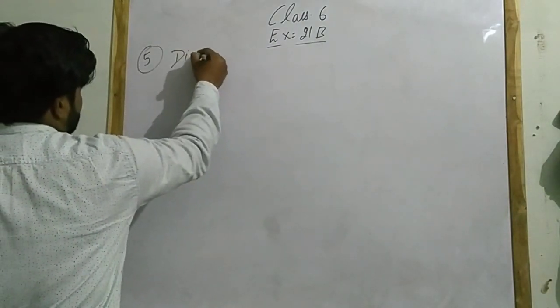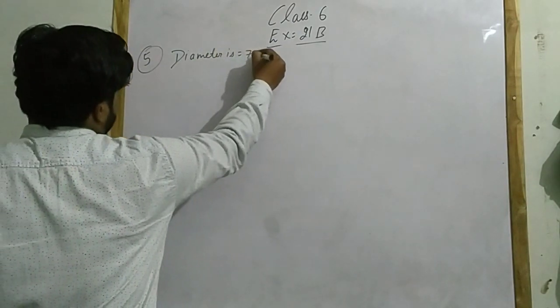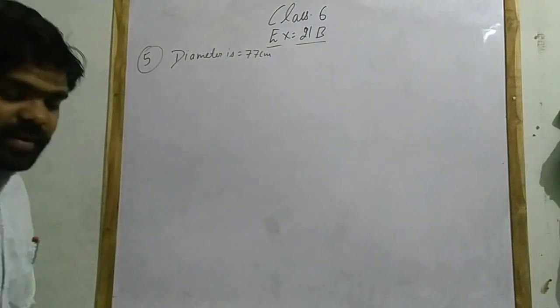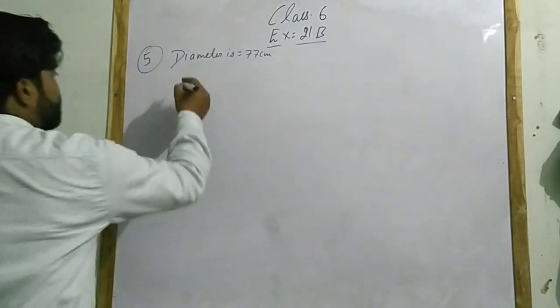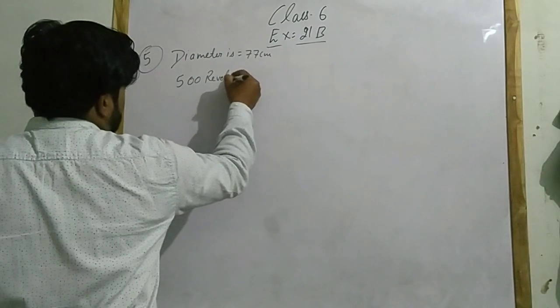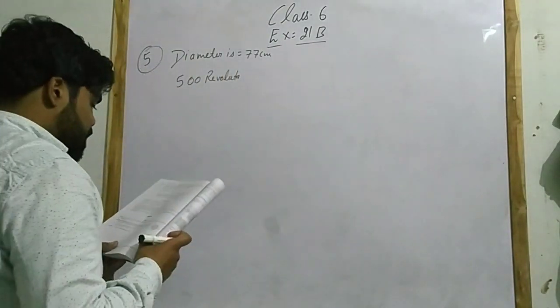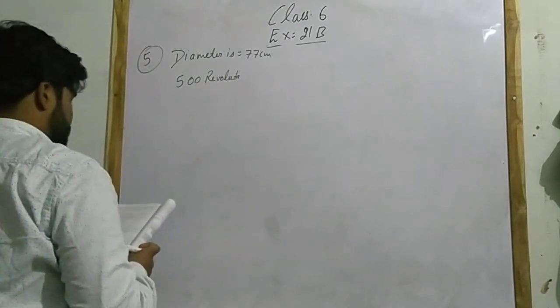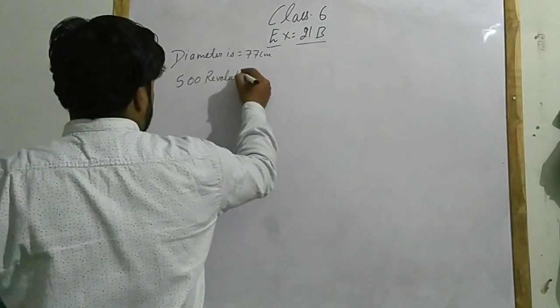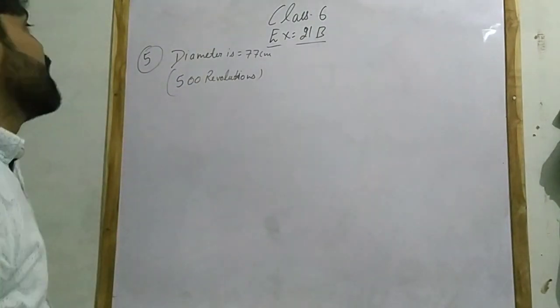Diameter is 77 centimeter, right? And the car is moving 500 revolutions. So how much distance will it cover?